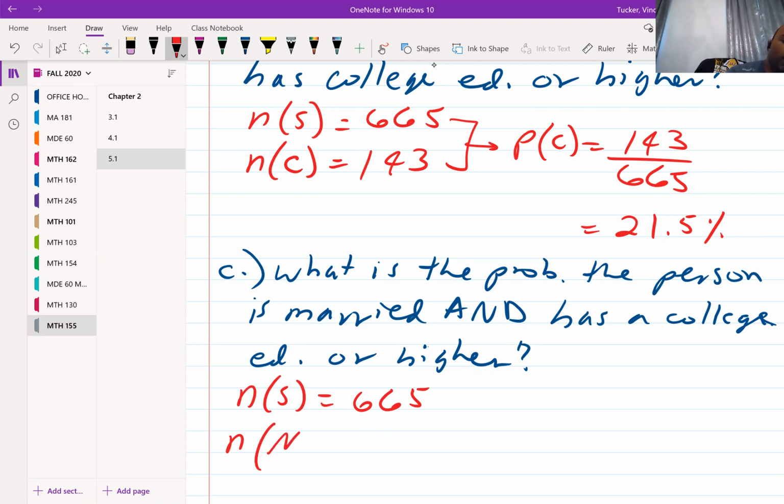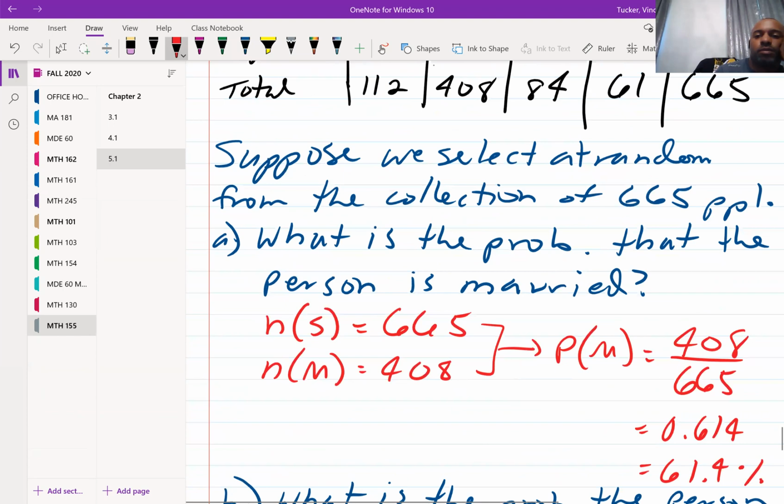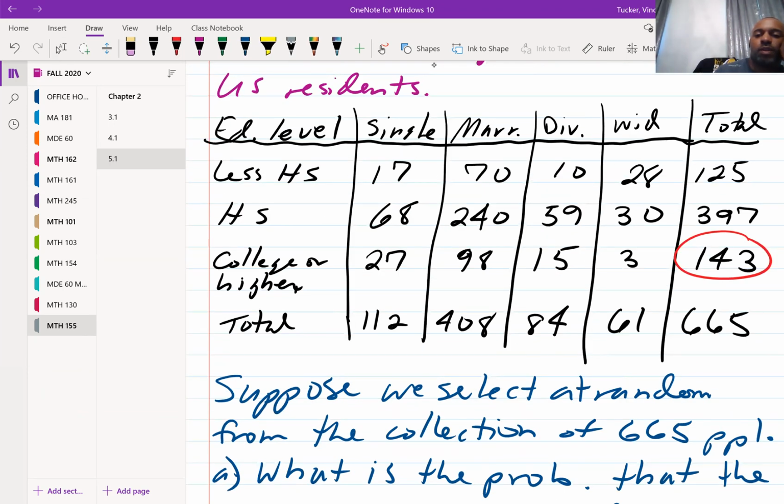So now we're looking at M and C, married and has a college education or higher. We go back to our chart. Married is right here, college education is right here, so they meet up at 98.